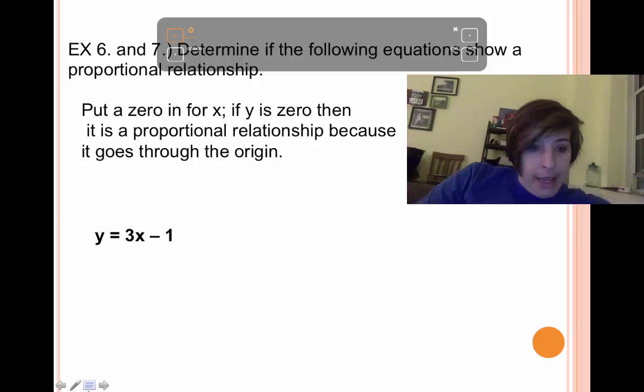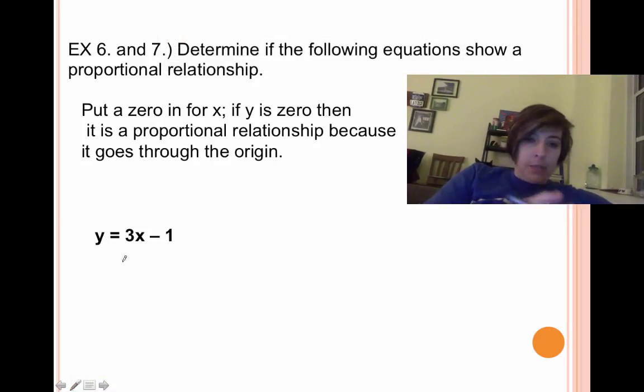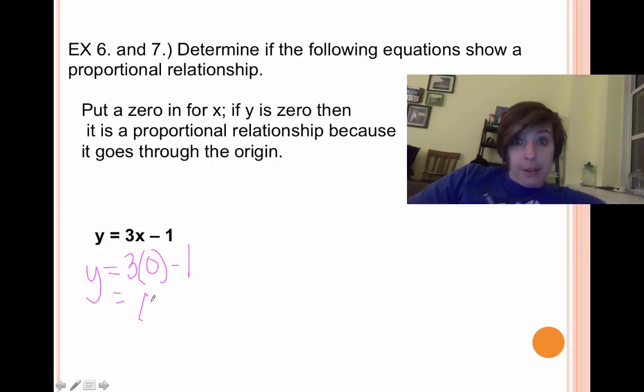So we have y equals 3x minus 1. Let's just put in a 0 for x. So 3 times 0 minus 1. What do we get? 3 times 0 is 0 minus 1. y equals negative 1.